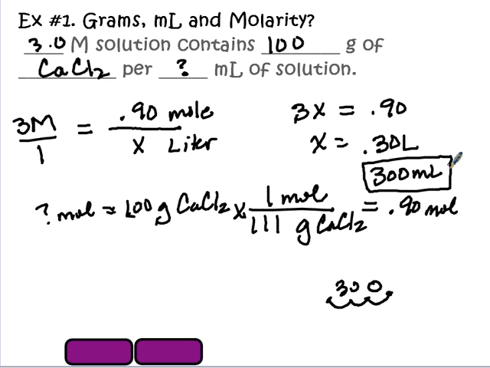Sometimes you have to change things from grams to moles or moles to grams. And sometimes we have to convert between milliliters and liters. But in the end, we just put it inside that molarity formula, moles over liters, and do our mathematics to it. And we're able to find either how many grams of solute, what volume it needs to be, or maybe just what the molarity is itself.